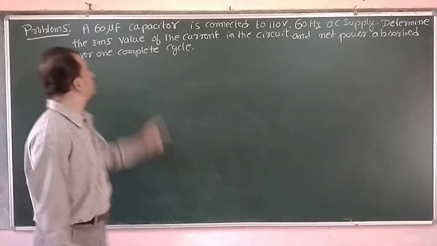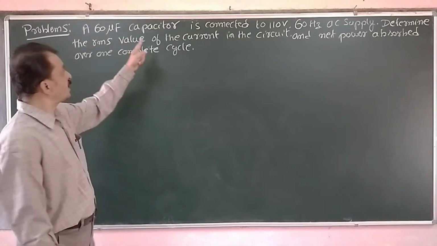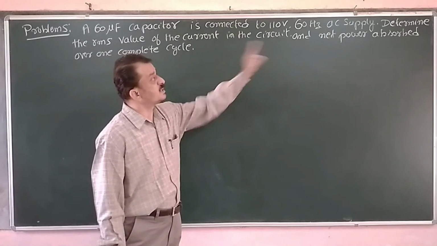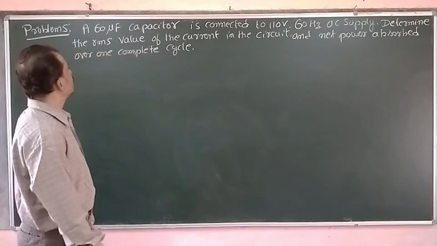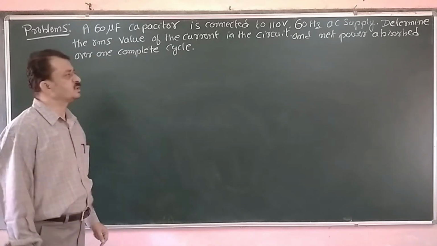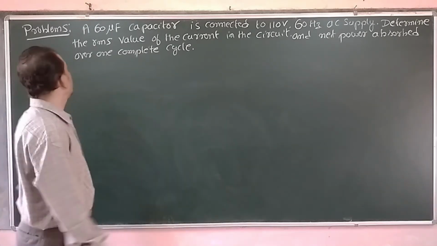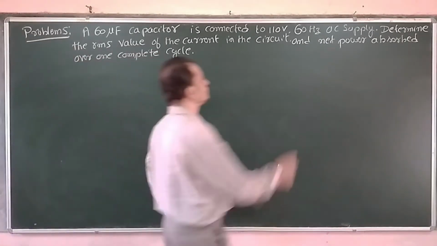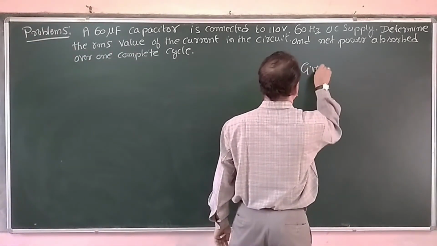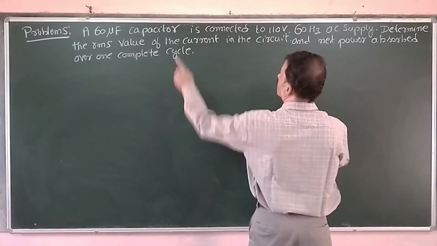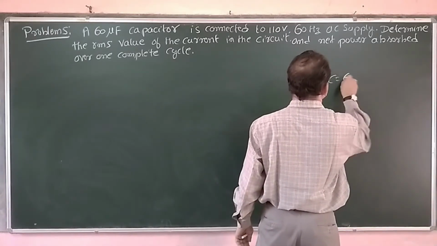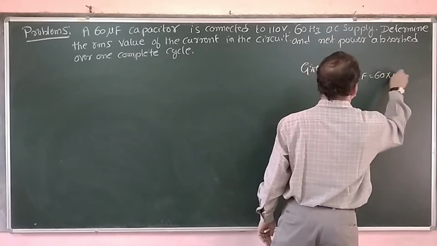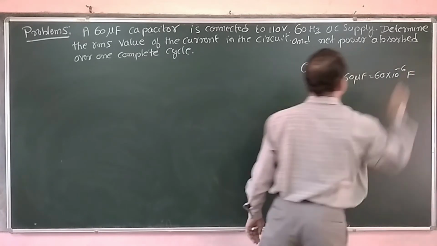Next problem, a 60 microfarad capacitor is connected to a 110 volt 60 hertz AC supply. Determine the RMS value of the current in the circuit and net power absorbed over one complete cycle. Here given, capacitor of capacitance 60 microfarad, that is equal to 60 into 10 to the power of minus 6 farad.